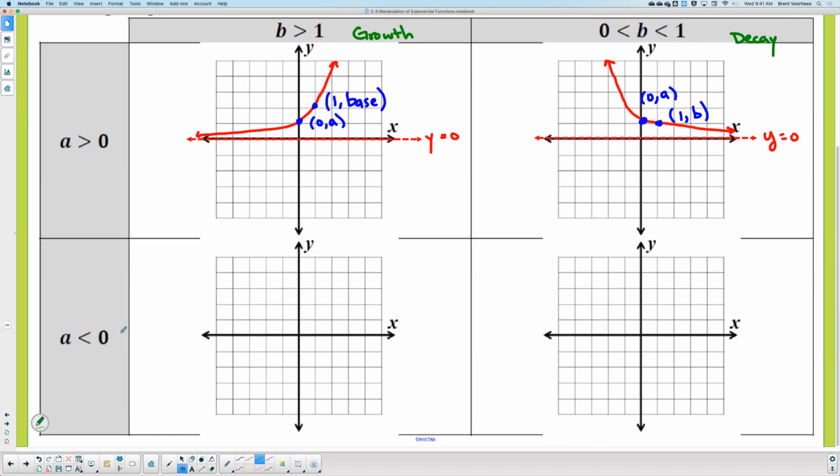Now come over here. What happens if a is negative? So if a is negative, where will that first point be? The y-intercept. Where would that be located if a is negative? Would it still be up? No, now where will it be? Down. So what's going to happen this time is if you have a negative a and it's supposed to be growth, like the base is growing, but it's a negative a, you're actually going to decrease without bound like this.